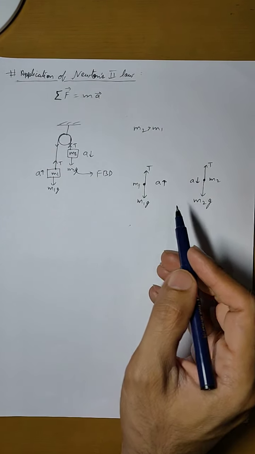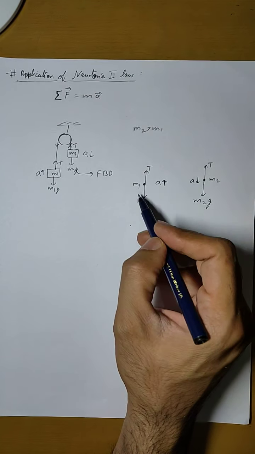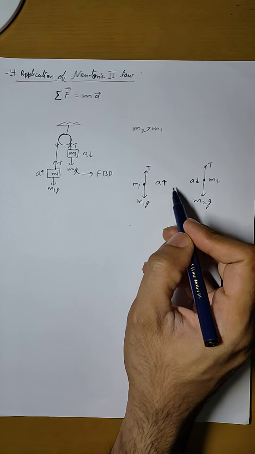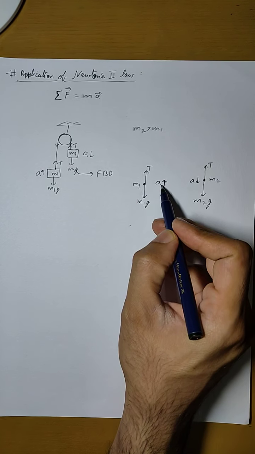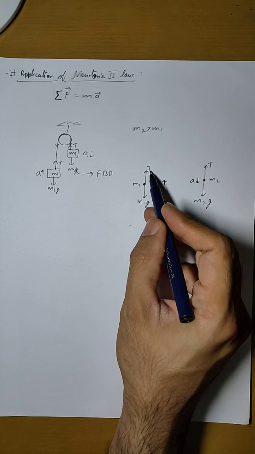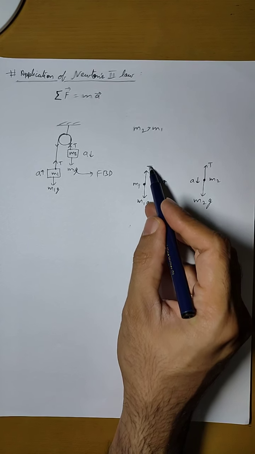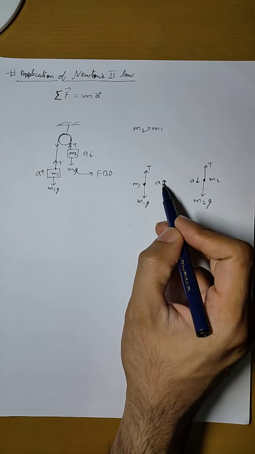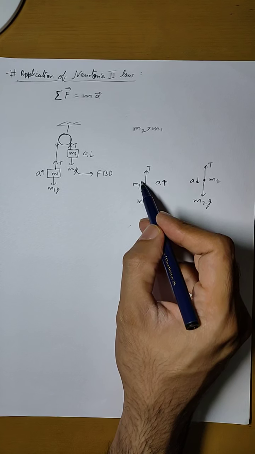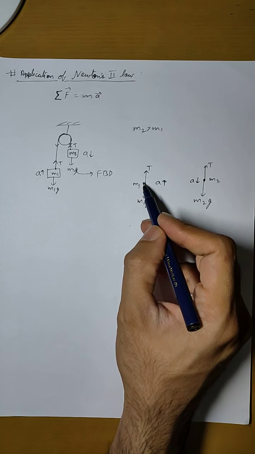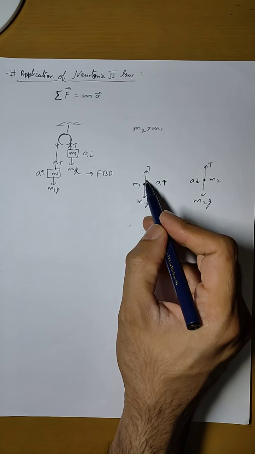Now by using equations of motion, we can make equations for both the conditions. For m1, the body is moving upward, the acceleration is in the upward direction. That means the net force on m1 is in the upward direction. I'll repeat: since the acceleration of m1 is upward, the result of all the forces applied on m1 is in the upward direction.